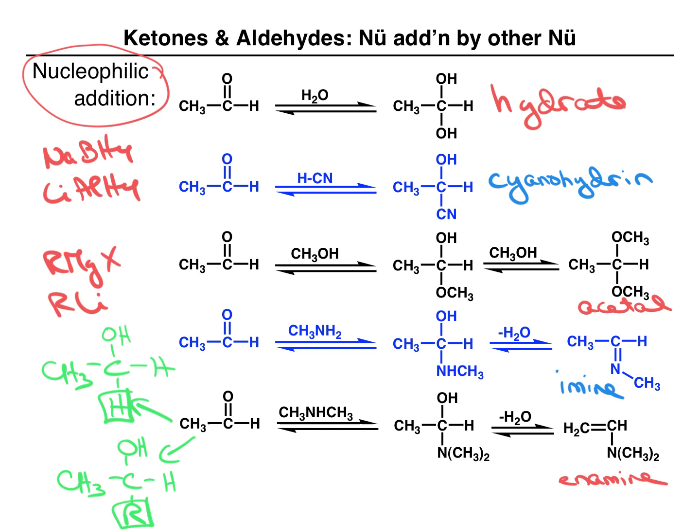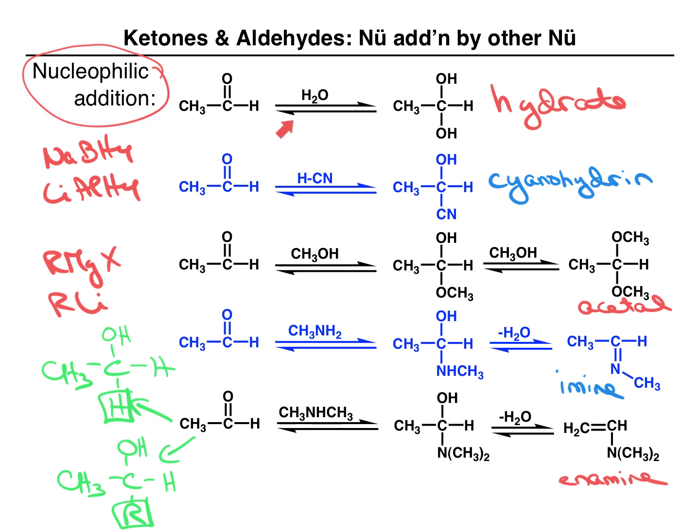Just as we've seen with hydrides and Grignards, for example, acting as nucleophiles and sharing electrons with the carbonyl carbon, resulting in alcohols, other nucleophiles can also add. In each case, we get an analogous tetrahedral complex. And so these are analogous to these, but in some cases, additional reactions happen so that we get something that looks a little bit different. But still, in all of these cases, we're talking about nucleophilic addition.